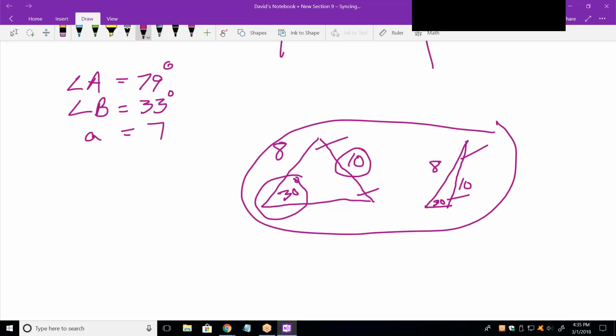Remember, law of cosines is where you have side, side, side, no angles, or side, angle, side. In other words, you know that side, you know that side, you know that angle. Well, I do not have an angle and an opposite side in either of those pictures. Oh, I see.